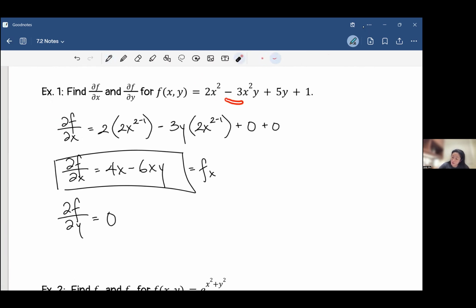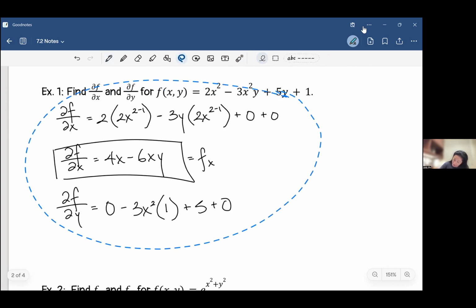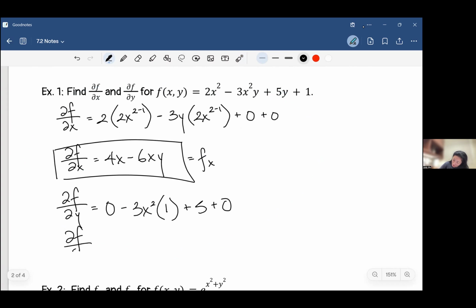Okay, minus 3x squared, that part is considered a constant, and now the derivative of y is 1, plus the derivative of 5y is 5, plus the derivative of 1 is 0. Okay, so let's go ahead and clean this up a little bit. We'll get partial f partial y equals negative 3x squared plus 5.